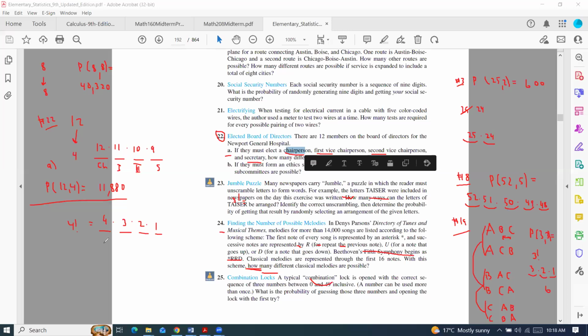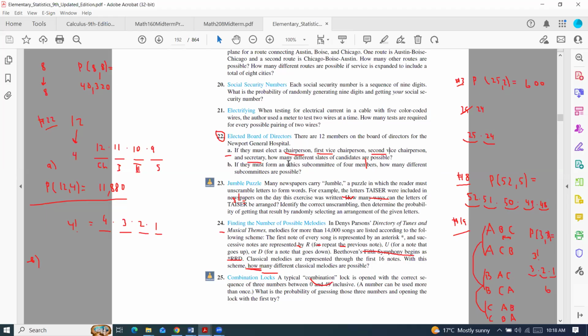So I'm trying to say a couple of words about part B that says, what if you don't care? What do you mean, don't care? What if you don't care who's going to be a chair, who's going to be vice chair, who's going to be a secretary? Doesn't matter at all.